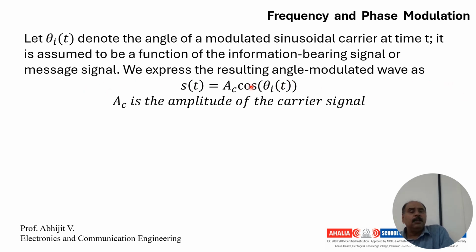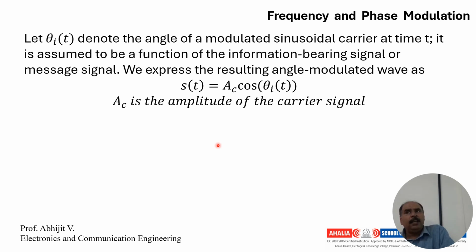The resulting angle modulated wave is given by s of t equals Ac cos theta i of t, where Ac is the amplitude of the carrier signal.